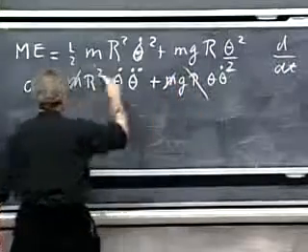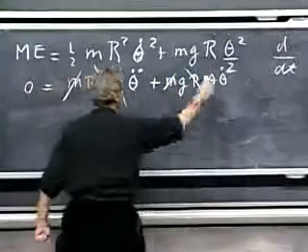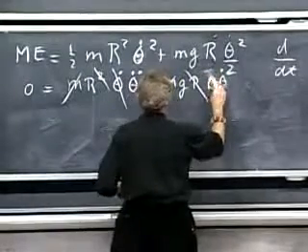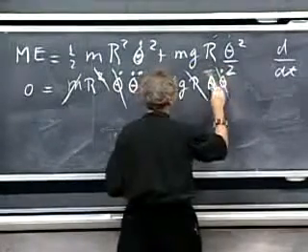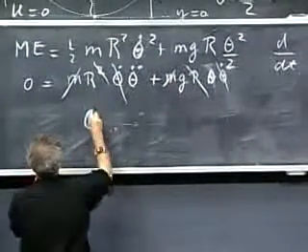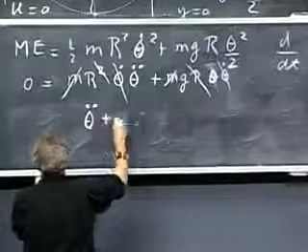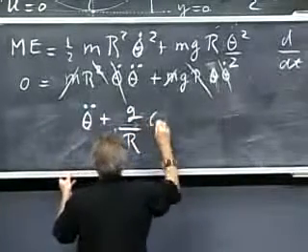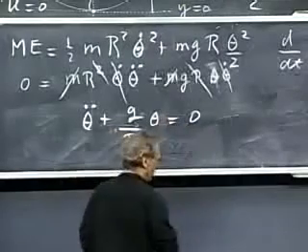I lose 1 r. I lose my theta dot, not the theta. And what do I find? That theta double dot plus g over r times theta equals 0.